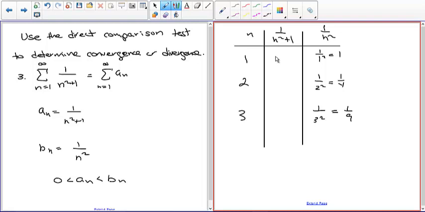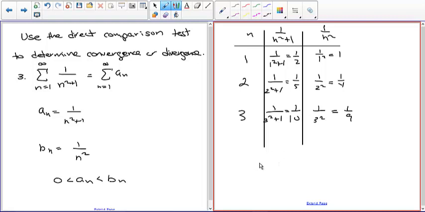In the second column, you'd have 1 over 1 squared plus 1, which is 1/2, 1 over 2 squared plus 1, which is 1/5, and 1 over 3 squared plus 1, which is 1/10. You can see that 1/2 is less than 1, 1/5 is less than 1/4, 1/10 is less than 1/9. Because of adding this 1, this denominator is always going to be 1 greater, and therefore this number is always going to be less. So that would be one way to prove that it's true.